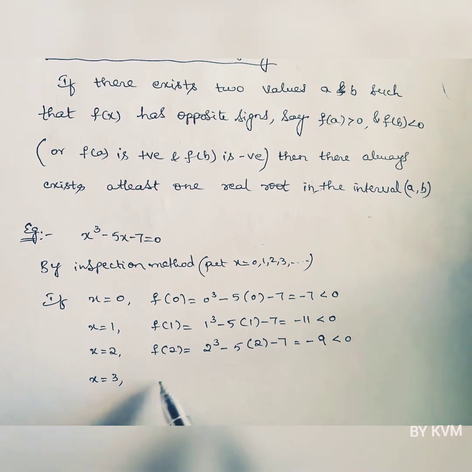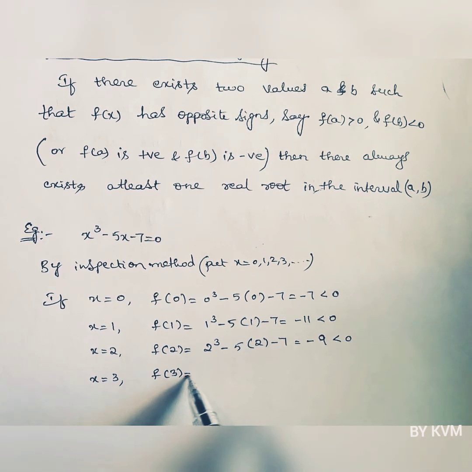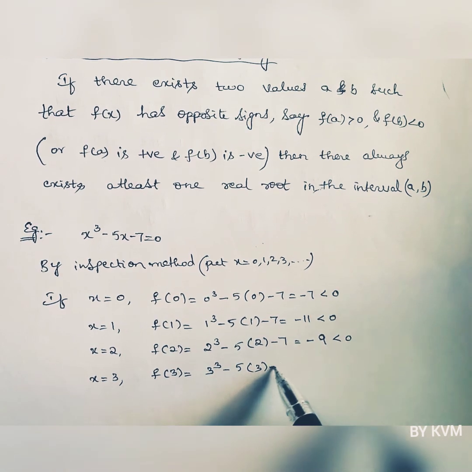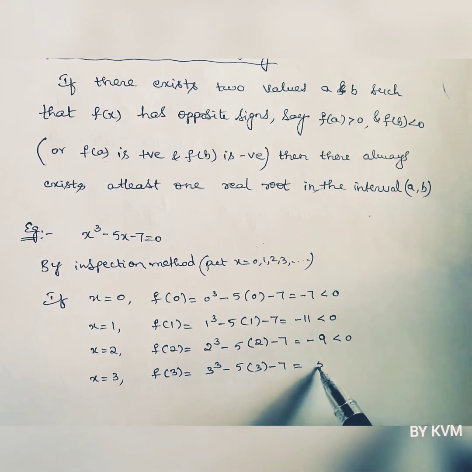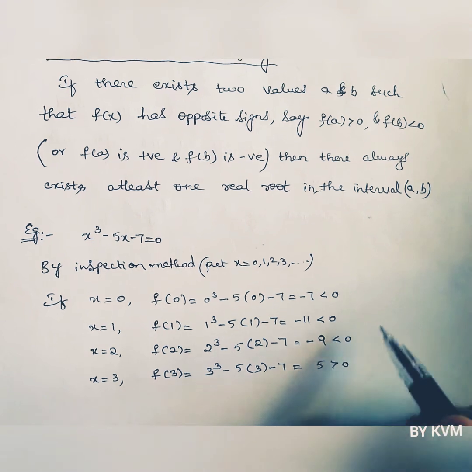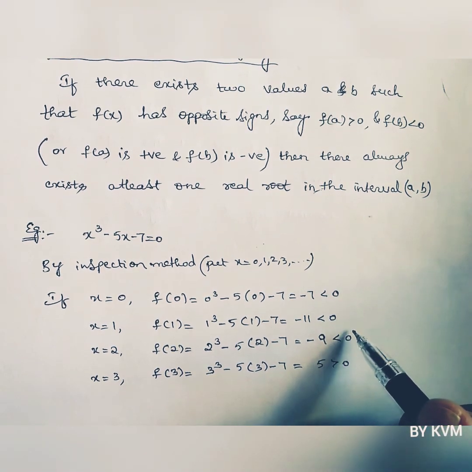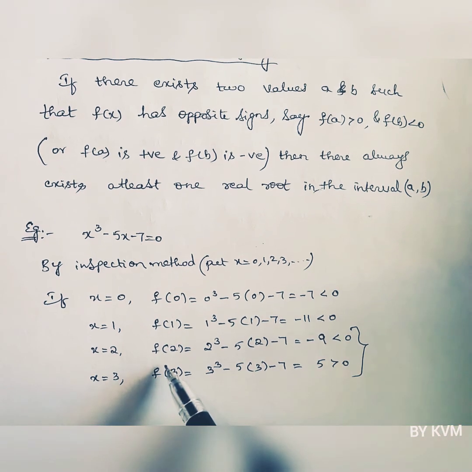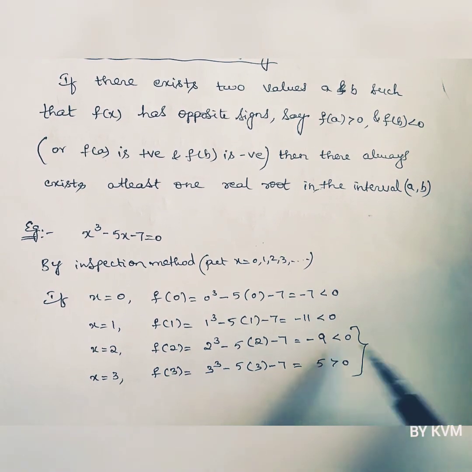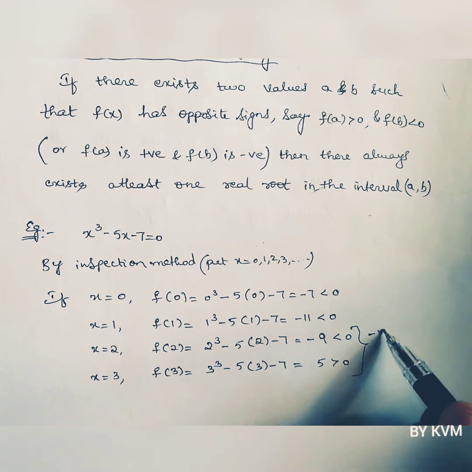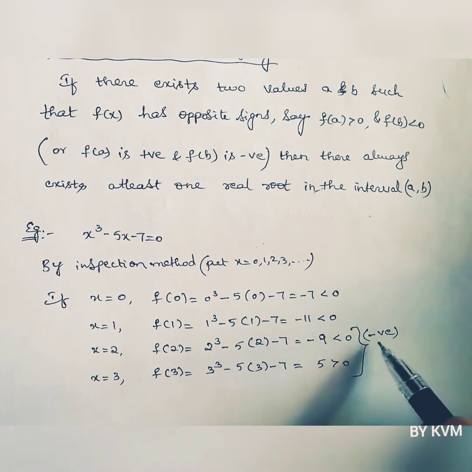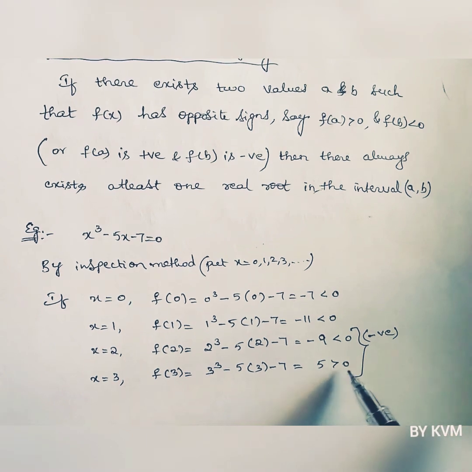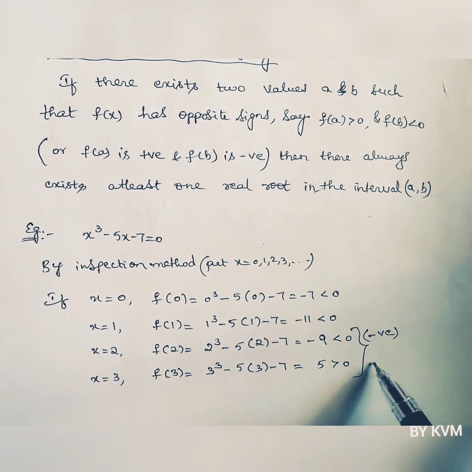And if you put x equals 3, f of 3 is 3 cube minus 5 into 3 minus 7 equals 5, greater than 0. So if you observe the functional values for x equals 2 and x equals 3, f of 2 is minus 9, which is negative, and f of 3 is plus 5, which is greater than 0, that is positive.